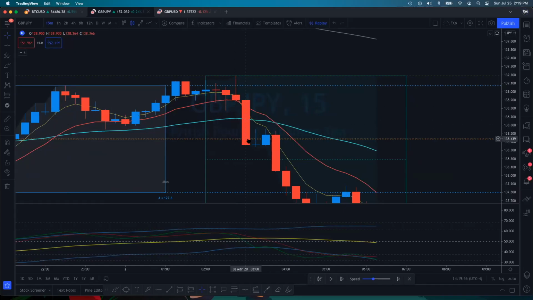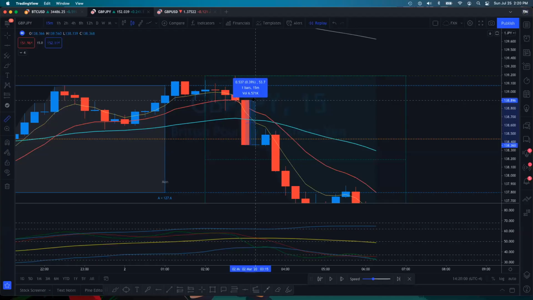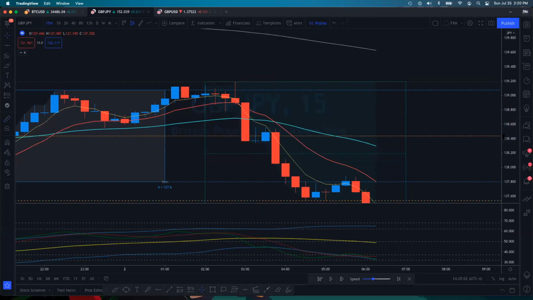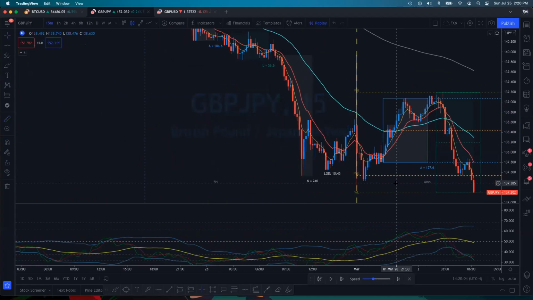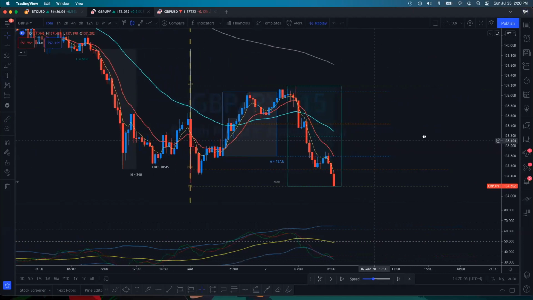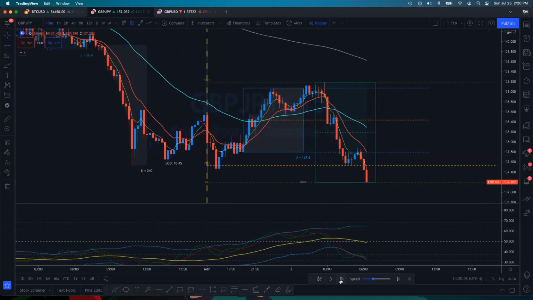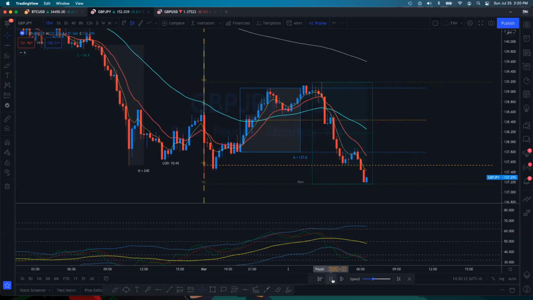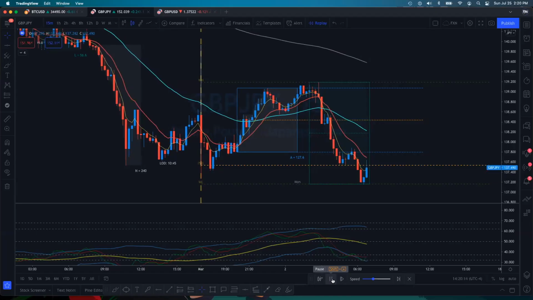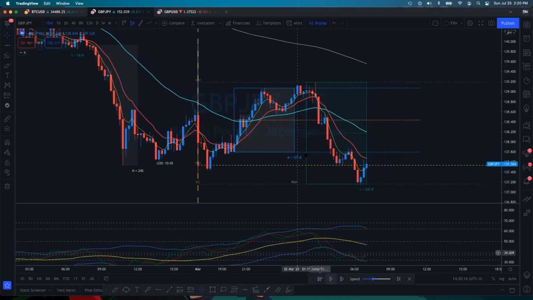It's not until this one. This candle's too big. Yeah, it's like a 50 pip candle. There's like no way. So that would have been the move in London.